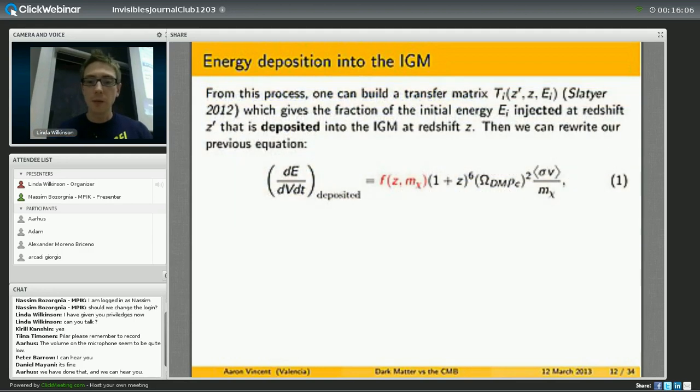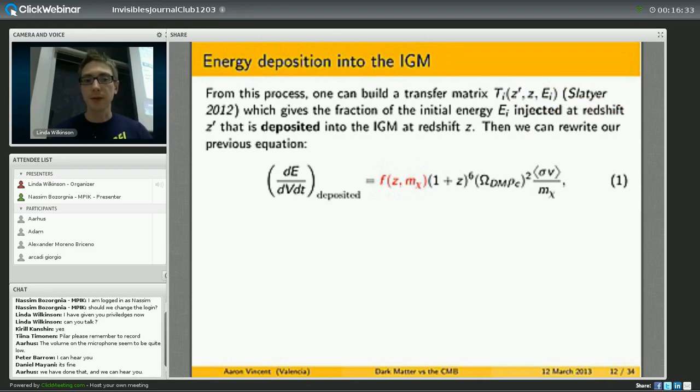And so what you wind up with is some transfer matrix, which we'll call T_i, which maps the total energy injected at a redshift z prime to a total energy deposited into the IGM at a redshift z for a given initial energy E_i.